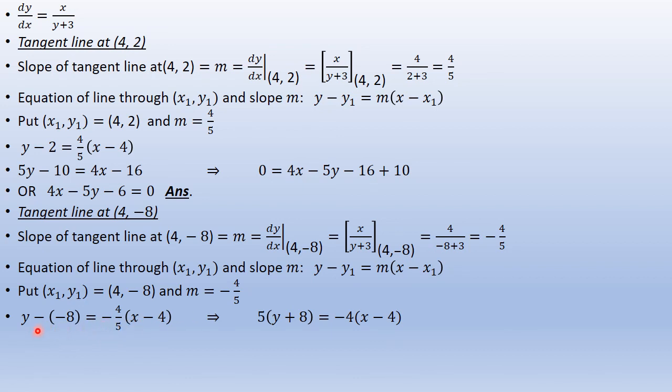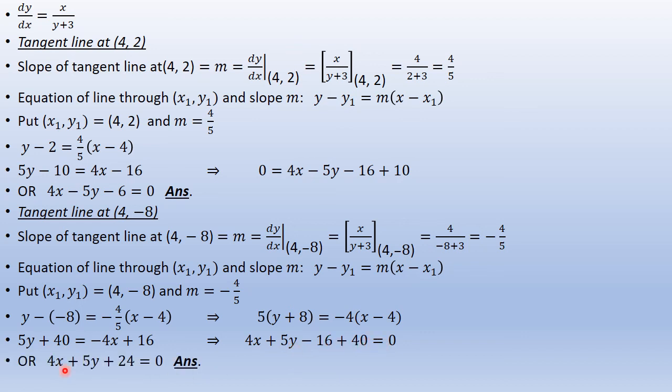So for that, just bring this 5 over here, and you get 5 into (y plus 8) equals minus 4 into (x minus 4). Open up all these brackets and you will have 5y plus 40 equals minus 4x plus 16. Now bring both these terms towards the left hand side, I'm sorry, and you get 4x plus 5y minus 16 plus 40 equals 0.